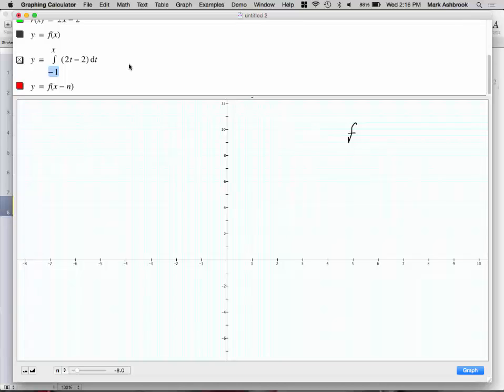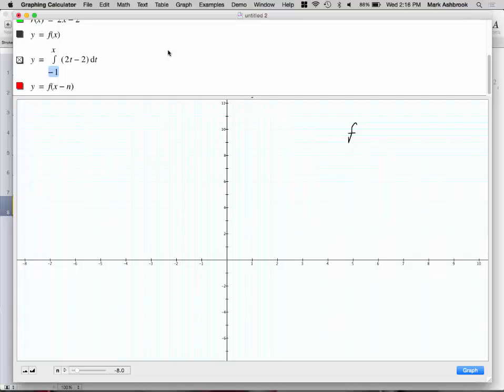We're going to start accumulating from x equals -1. For the graph at -1, what's the value of the accumulation when x is -1? How much have we accumulated at the starting point? 0, okay? So shouldn't that graph go through the point -1, 0?